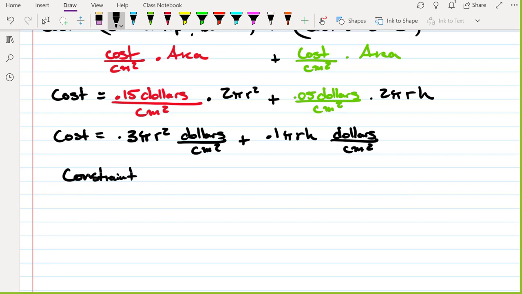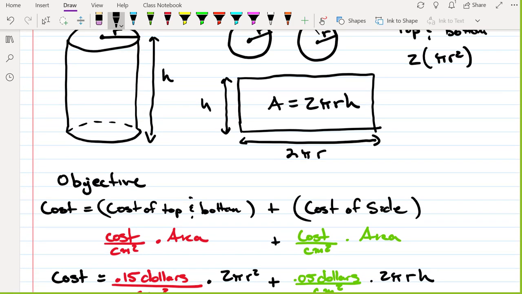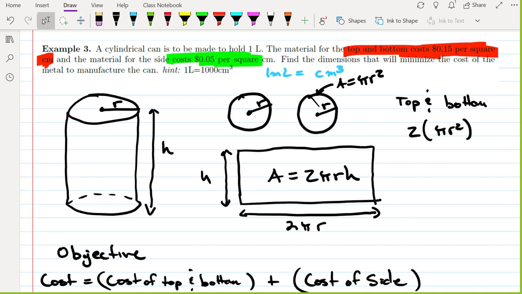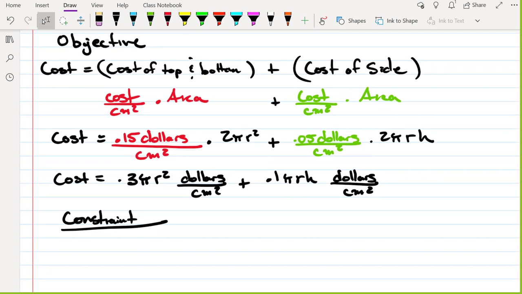And what's constraining this situation? Well, our constraint is right here. What has to be the volume of our can? 1 liter. So our constraint is that our volume has to be 1 liter.